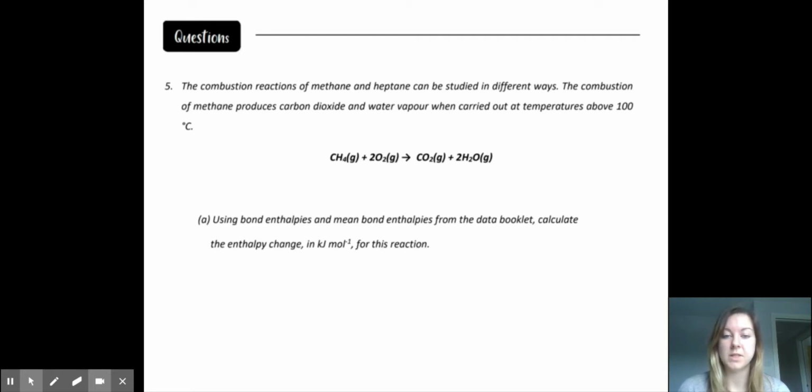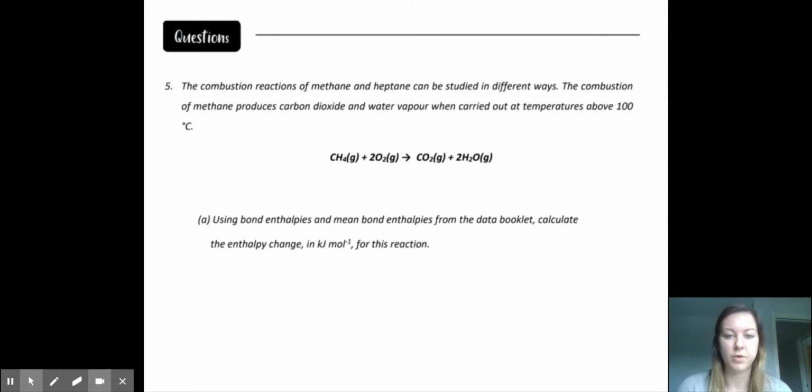Using bond enthalpies and mean bond enthalpies from the data booklet, calculate the enthalpy change in kilojoules per mole for this reaction. As always, it looks exactly the same as every other question layout, and we're going to follow all of the steps as usual. So if you are hopefully self-marking, you'll know that methane is CH4.